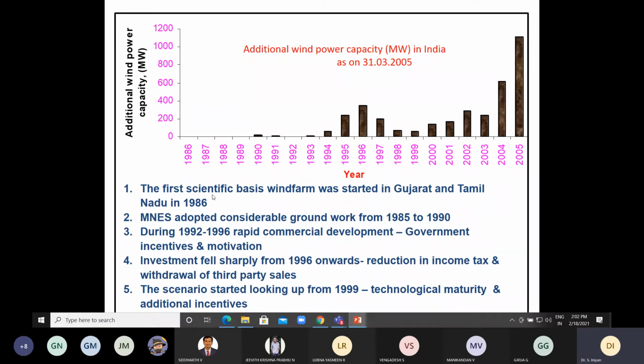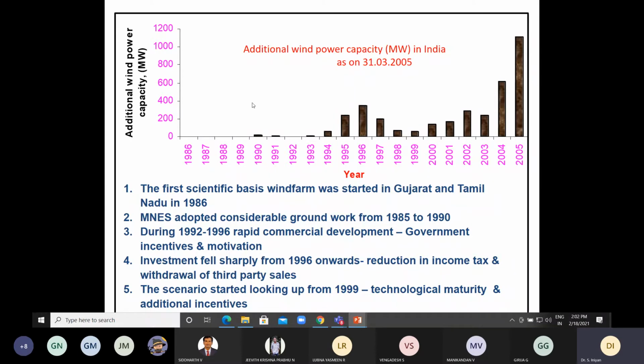And here see the starting year 1986, it was initiated in 1986, but it exactly came into function in the years 1990 and 1991. It's a little bit lower, and in 1996 it increased gradually for generating wind power.